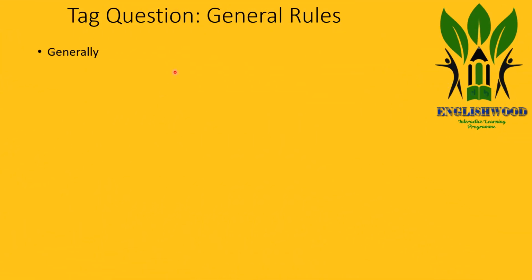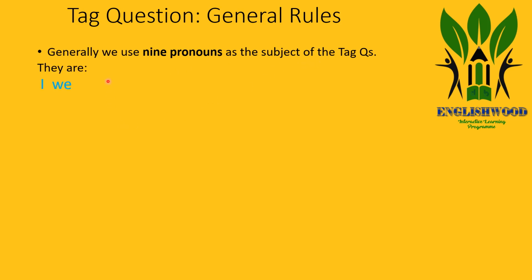Tag question generals. Generally, we use 9 pronouns as the subject of the tag questions: I, we, you, he, she, it, they, there, one. These are the 9 pronouns we use in the question tag.